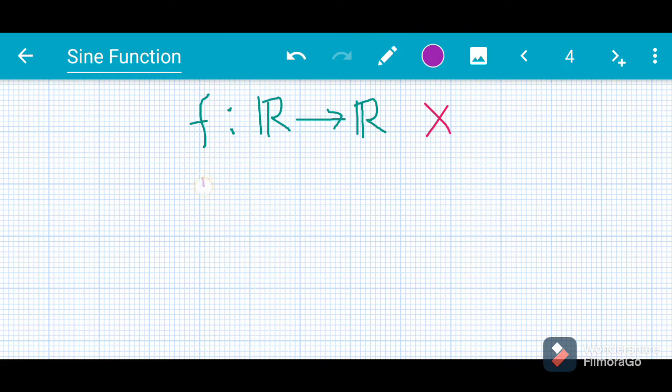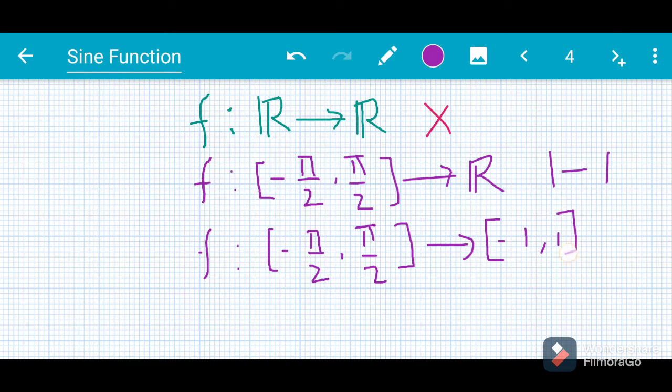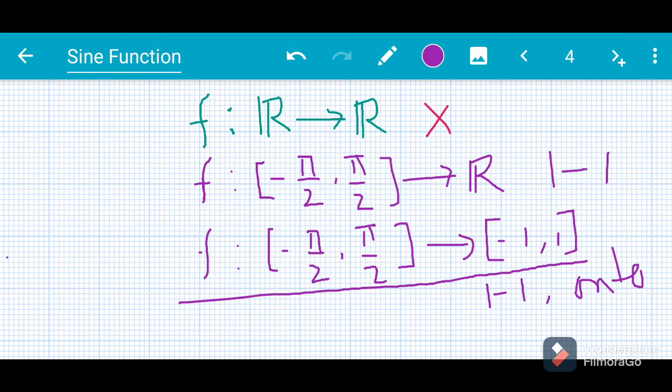So now we restrict the interval to minus pi by 2 to pi by 2, and this function is one-one. Now if we restrict the codomain to minus 1 to 1, then this is one-one and onto. So this particular function is bijective.